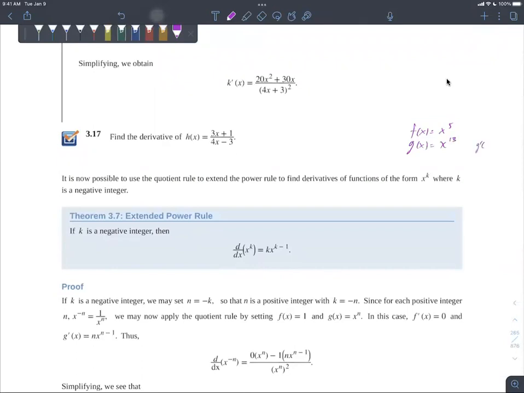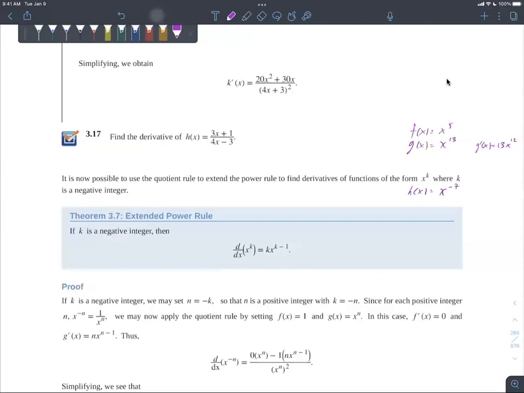The derivative of this was 13x to the 12th. But what about if, let's say, h of x was x to the negative 7th power? What do we do in this case?